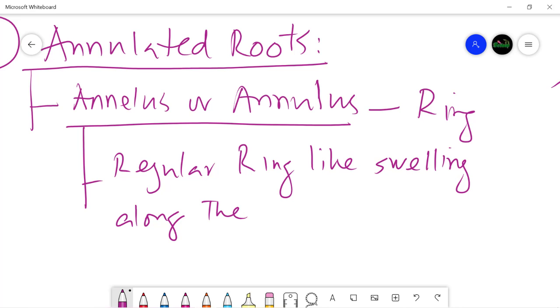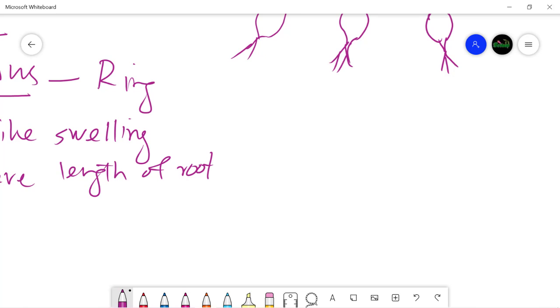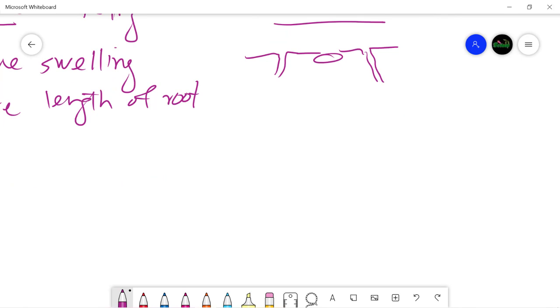along the entire length of the root, and you can draw their diagram somewhat like this. So this is the stem, this is a normal adventitious root, and here we go. This is again a normal adventitious root, and from here it is something like this. Just draw several rings in a series, one after the other, and then you can branch off at a certain point.